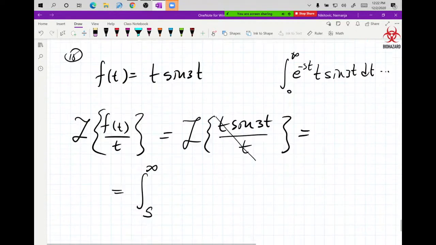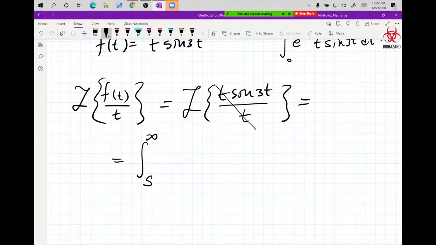Laplace transform. Now the Laplace transform of sine 3t is a basic one that we know: sine 3t is just 3 over s squared plus 9. But it's not s, it's now sigma d sigma.